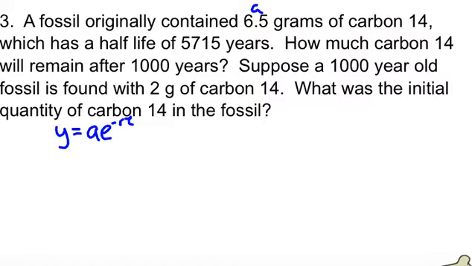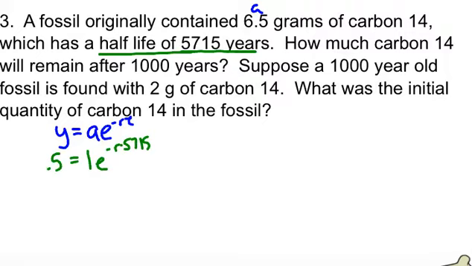So we have to pause a little bit and think about our rate. We do know that it has a half-life. So whatever amount you started with, let's say I started with 1 gram, whatever its rate was, after 5,715 years, I'm going to have half of this, so 0.5.